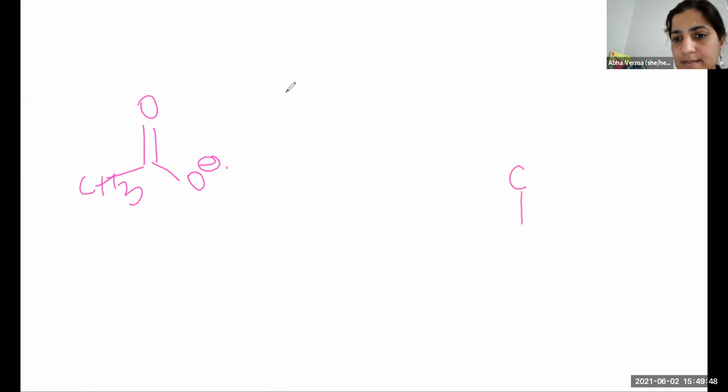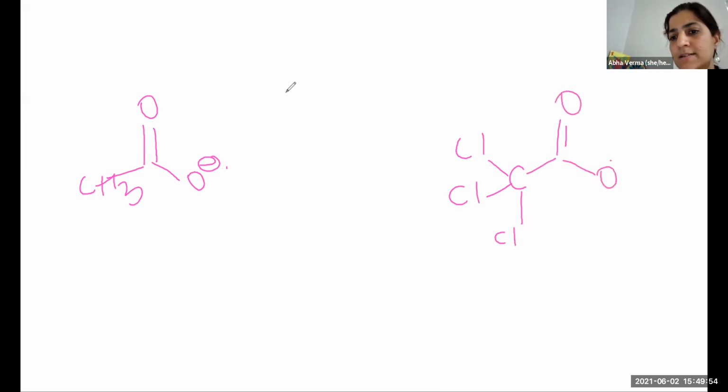CCl3 was in my products, and the first one is in my starting materials. I want all of you to redraw this somewhere because I'm going to show you resonance structures.